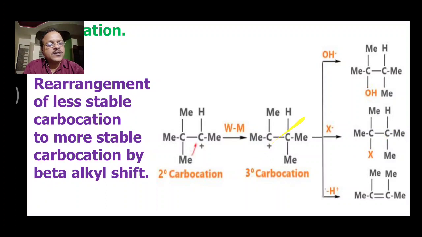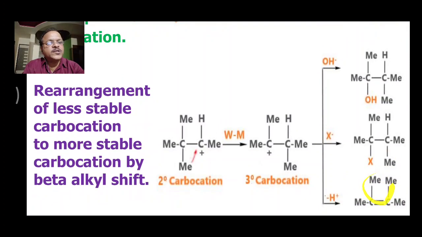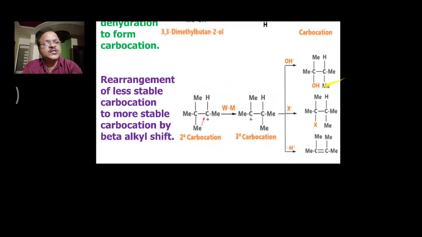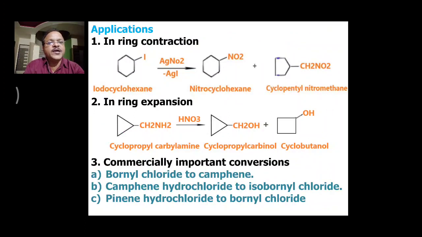On removal of this H, it eliminates in the form of H plus, and there is formation of this double bond, resulting in the formation of this unsaturated compound, that is alkene. So this is the mechanism of the Wagner-Meerwein rearrangement.